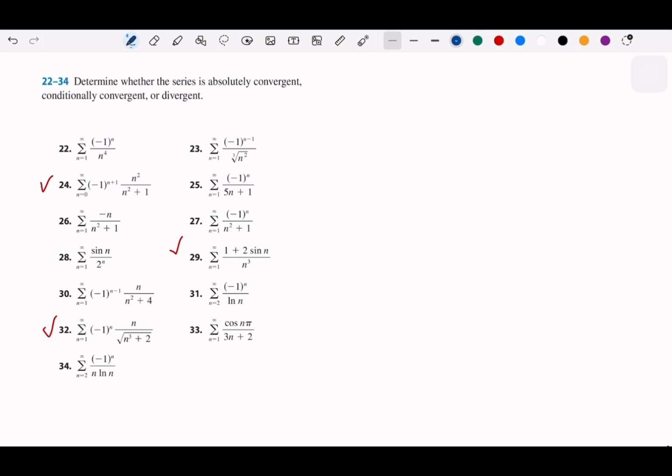Remember, in alternating series, you only have two requirements to check. First is what? Anyone still remember? Only two. It seems like a lot, but there are only two things. What is it?